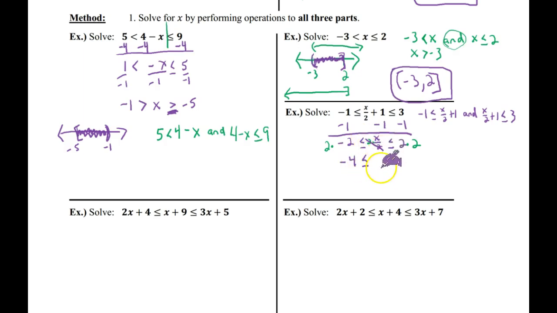This is divided out. And 2 times 2 is 4. So that means it's going to be between negative 4 and 4. And because I have these equal to bars, I'm going to include both of them. Same thing in the interval notation.